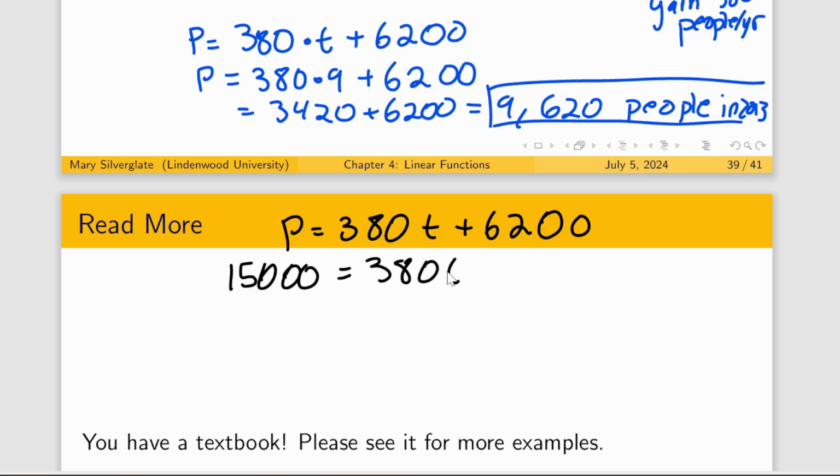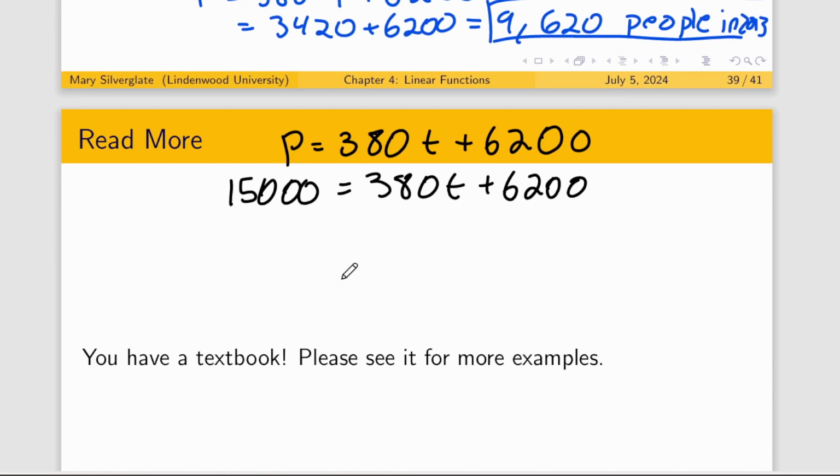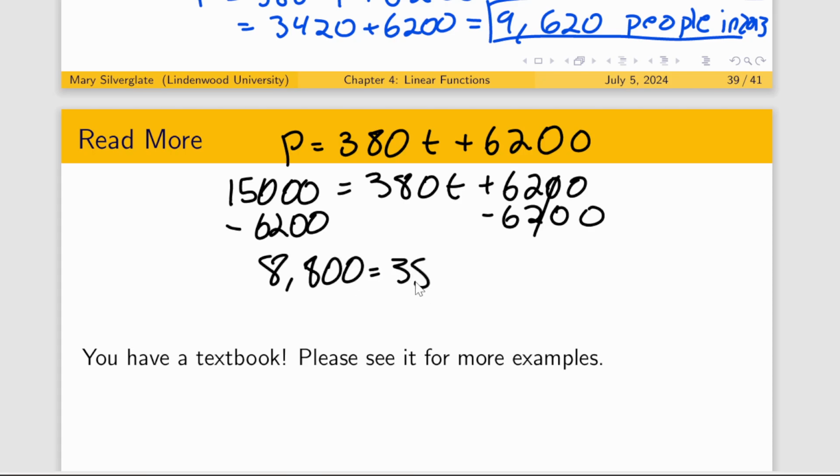So 15,000 equals 380 times time plus 6,200. Now my goal is to solve for the number of years since 2004. First I need to undo any addition with subtraction. So 15,000 minus 6,200 gets us 8,800, which equals 380 times time.